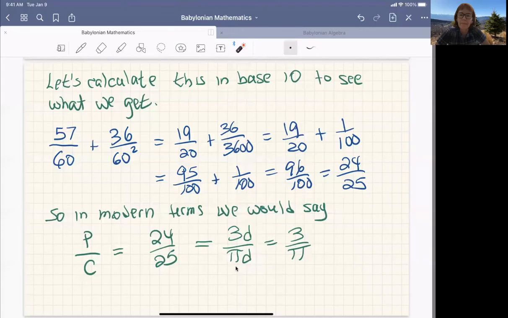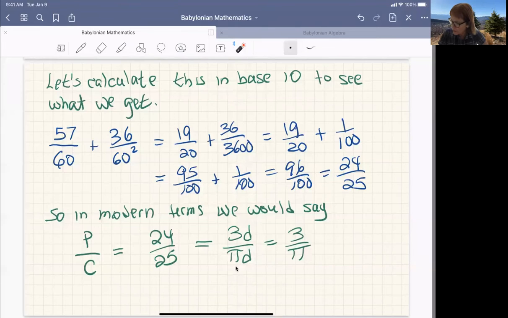And then going from base 60 to base 10, remember that's the easy calculation because we just plug it in and do the calculation. So our 57 over 60, it looks like there's a common factor of 3. So I'm going to factor the 3 out of the numerator and I get 19. I factor the 3 out of the denominator to get 20.